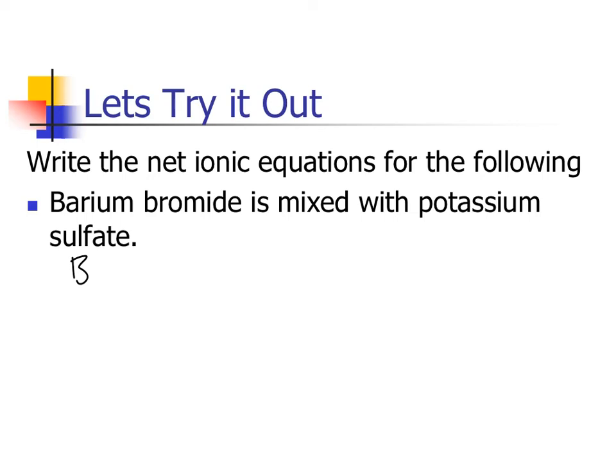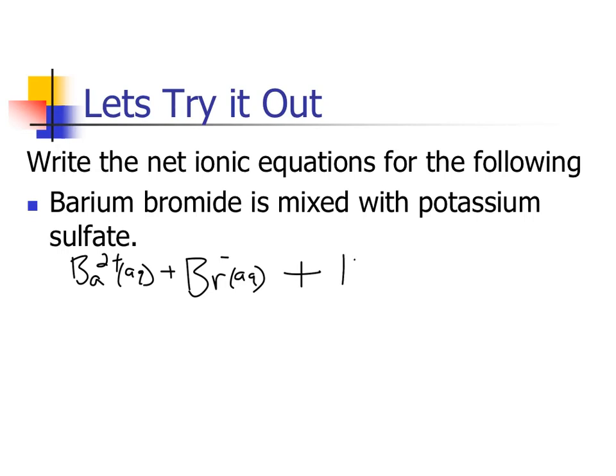And so, of your barium ion, that's aqueous, and we got maybe a little bit smaller of a plus sign there. And so we have plus bromide, Br with the negative, and it's aqueous, and is going to mix with potassium sulfate.